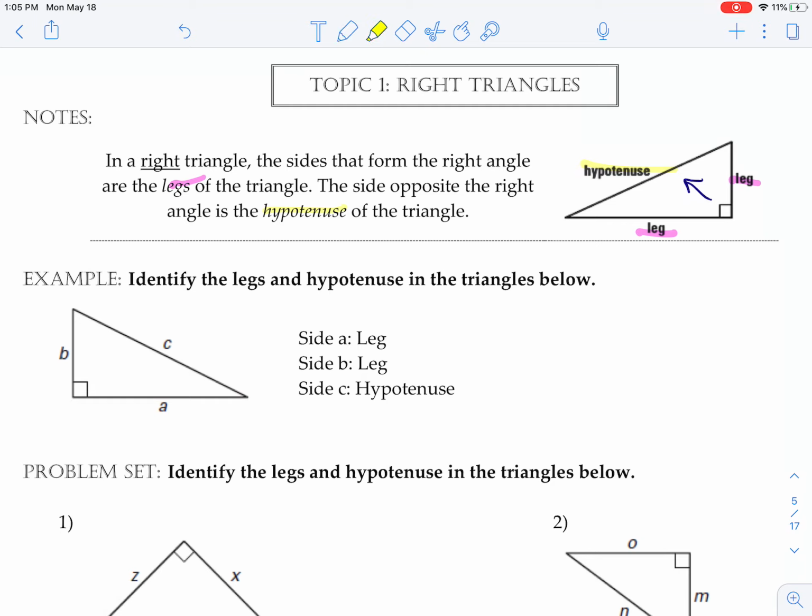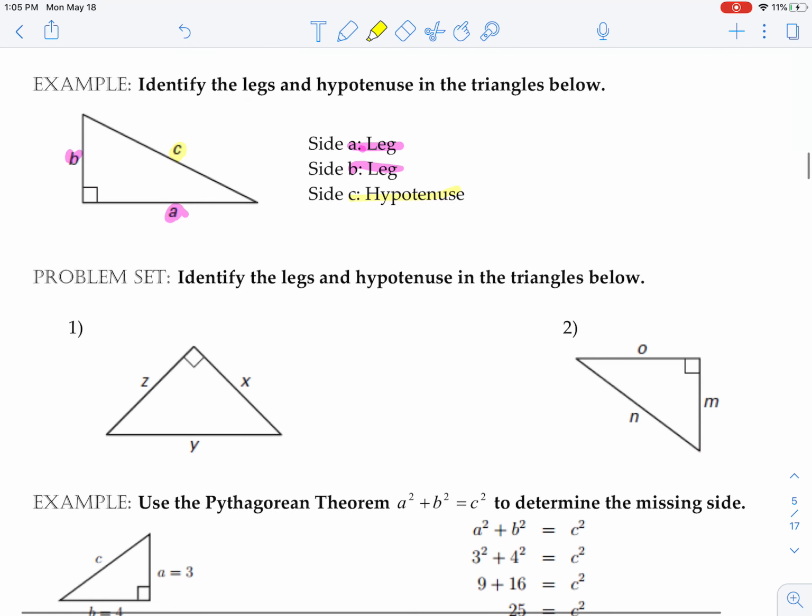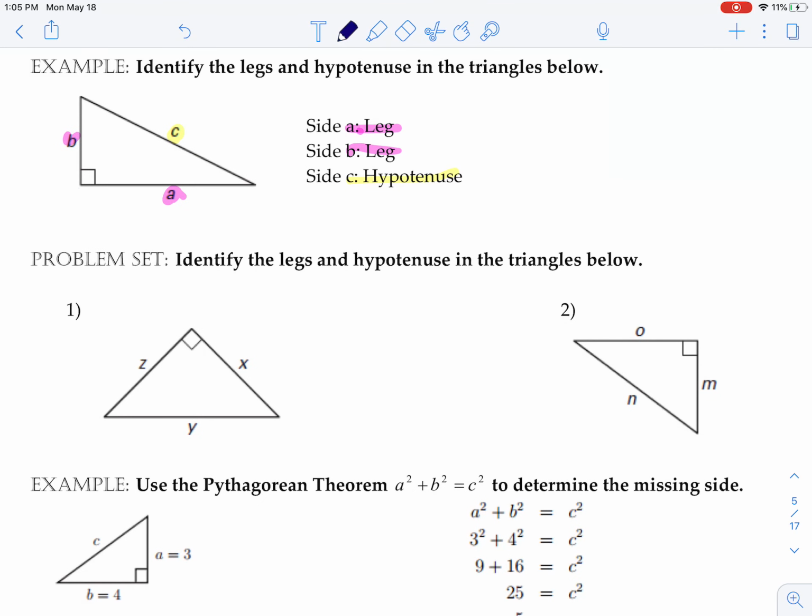Sides a and b are legs, and side c is the hypotenuse. The way this triangle is labeled sets us up to use a squared plus b squared equals c squared, the Pythagorean theorem.